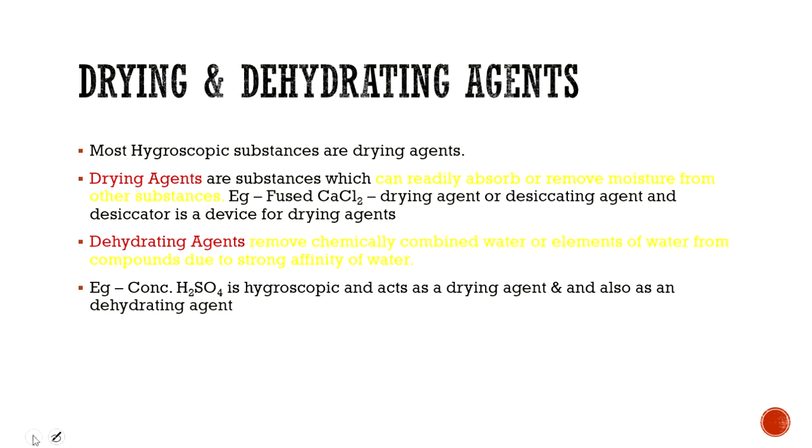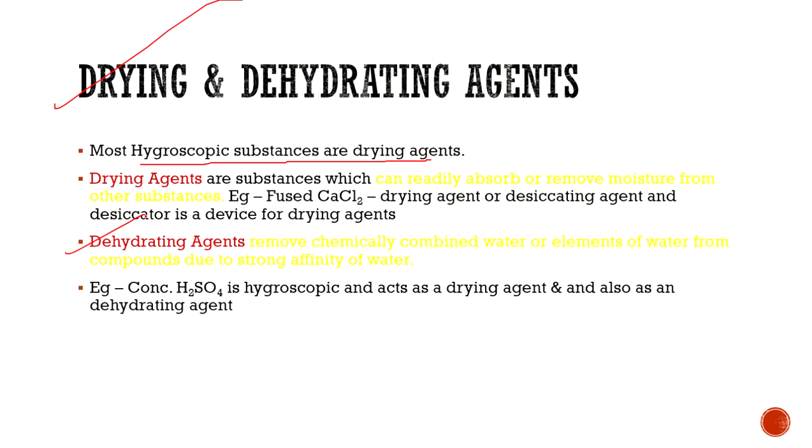Next, we are learning about drying and dehydrating agents. Most of the hygroscopic substances are known as drying agents. For example, concentrated sulfuric acid. It is also a hygroscopic substance. It is also a drying agent. It is also called a dehydrating agent. What is a dehydrating agent?